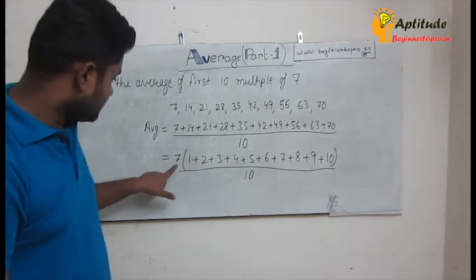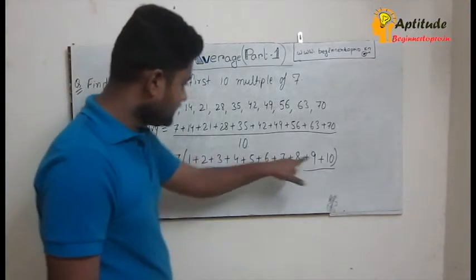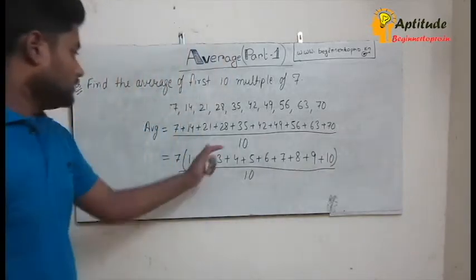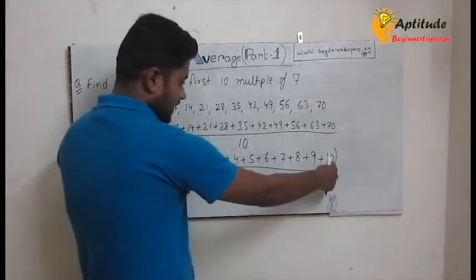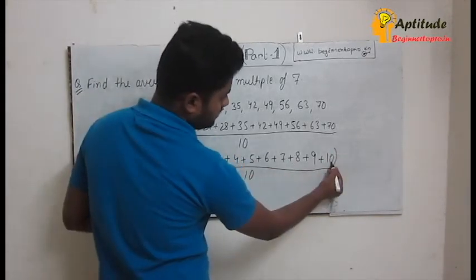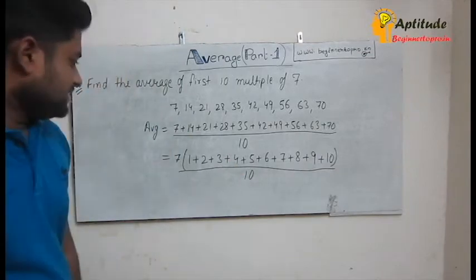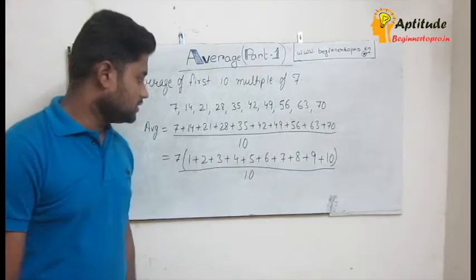See, 7 ones are 7, 7 twos are 14, similarly 7 tens are 70. So now this entire term, 1 plus 2 plus dot dot dot 10, can we say this is nothing but the sum of natural numbers?